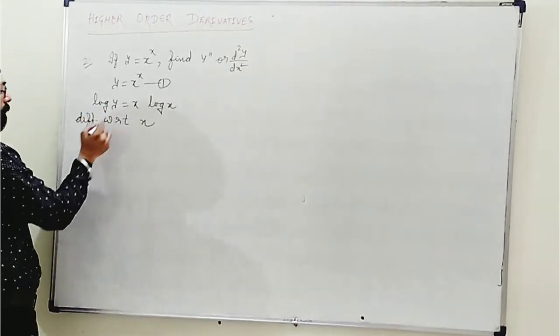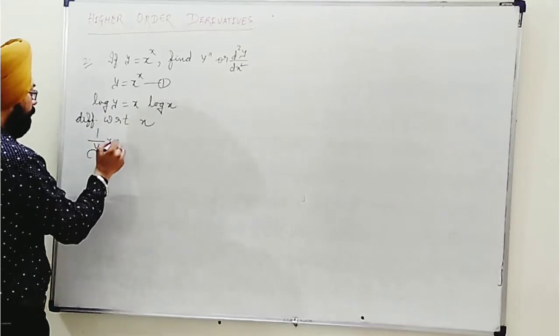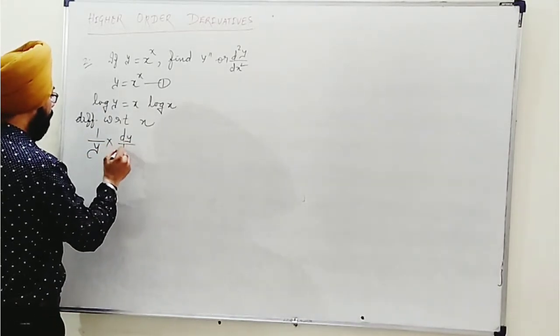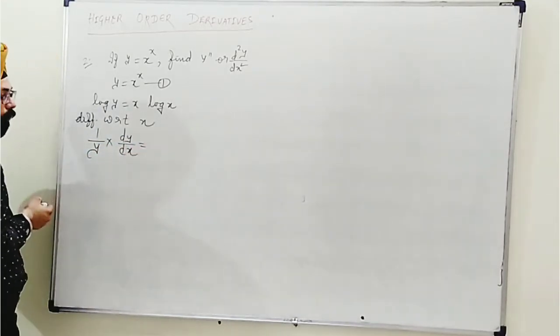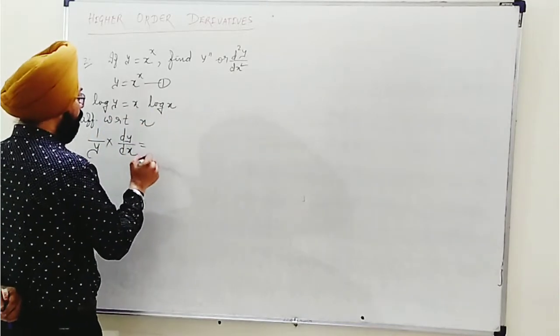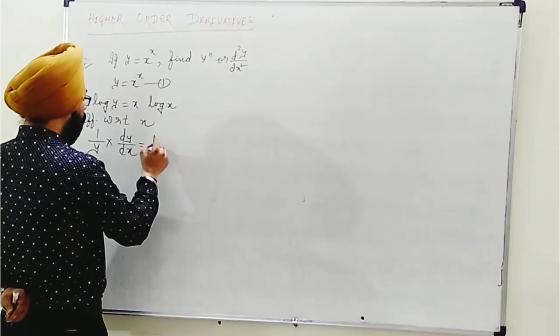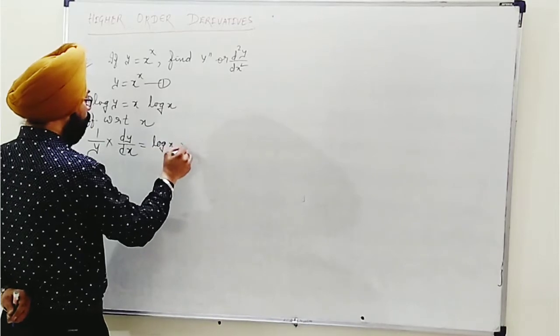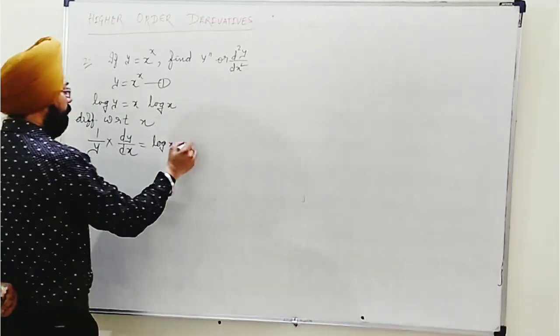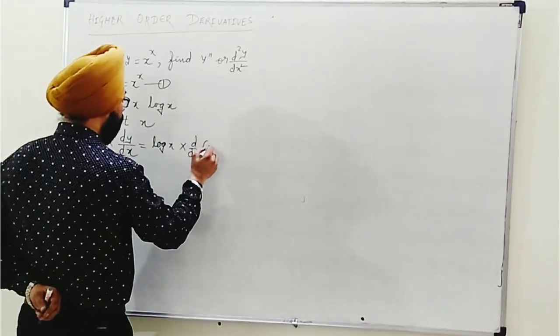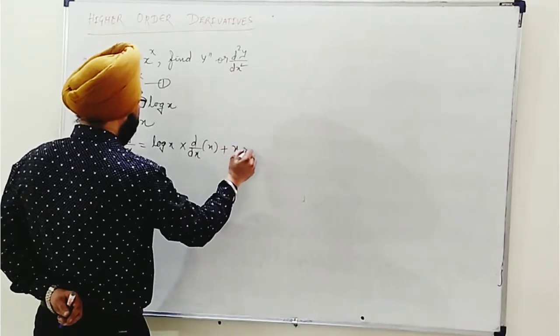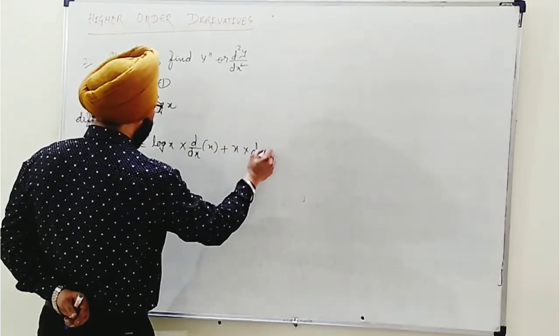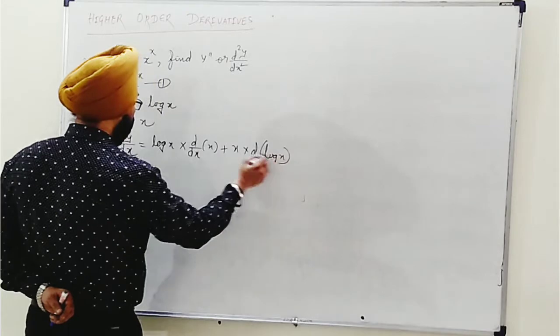So by rules this will turn 1 upon y multiplied by dy by dx equal to, here product rule will be applicable, log x as it is multiplied by differentiation of x plus x as it is and differentiation of log x.